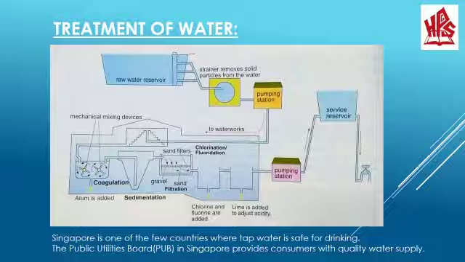The Public Utilities Board, PUB, in Singapore provides consumers with quality water supply. Daily chemical tests on samples of potable water at service reservoirs ensure the quality of tap water supplied within the guidelines of drinking water quality set by the World Health Organization.